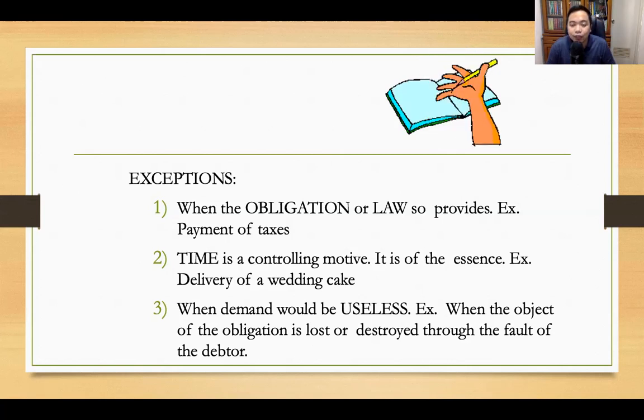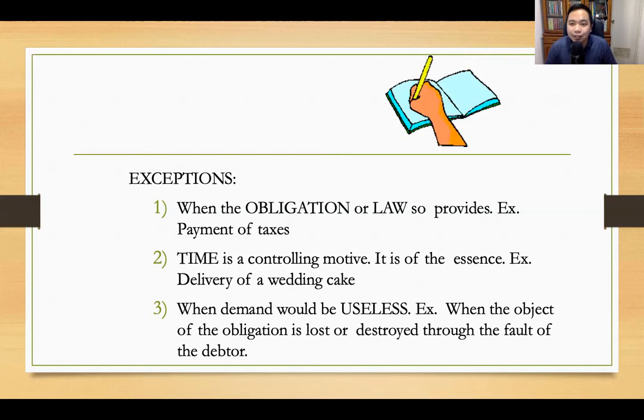Even without demand, there is already delay. For example, you are contracted to make a wedding dress, because the parties will contract marriage on October 1, 2020.